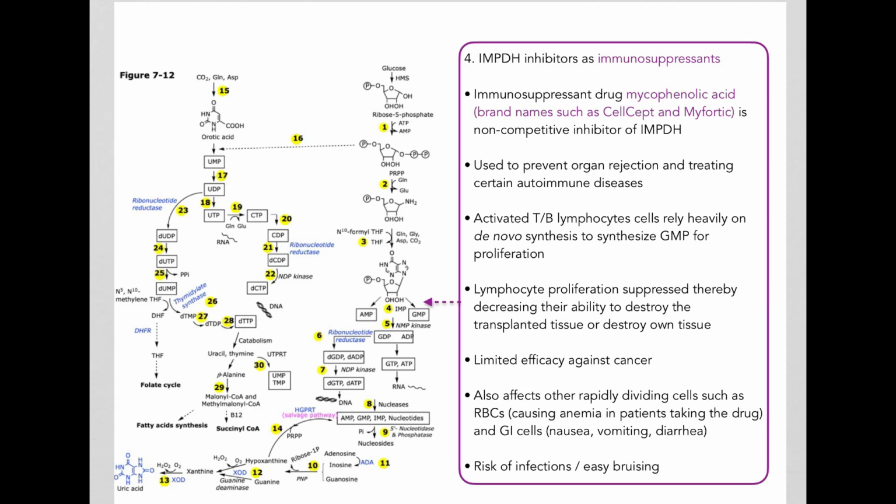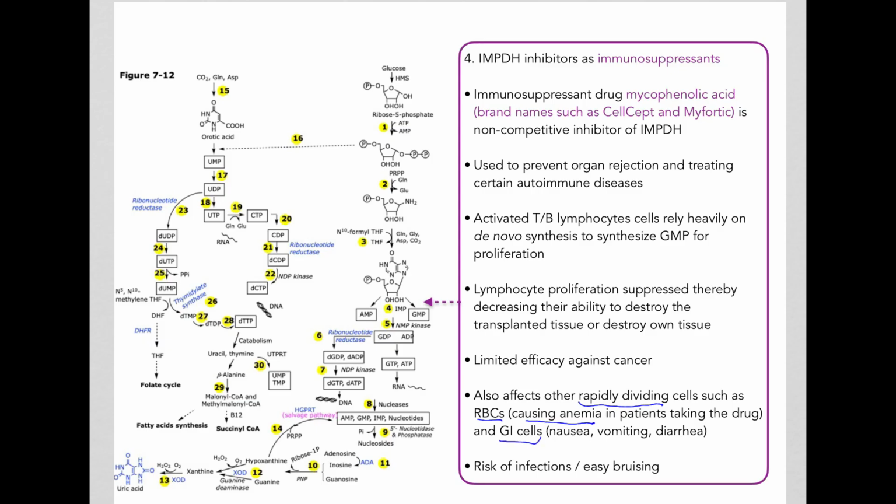Not surprisingly, these drugs were also tried against cancer as chemotherapy drugs, but what we see so far is there is limited efficacy against cancer. And the side effects of these drugs, since the drugs affect other rapidly dividing cells, for example, red blood cells, we see anemia in patients taking the drug.